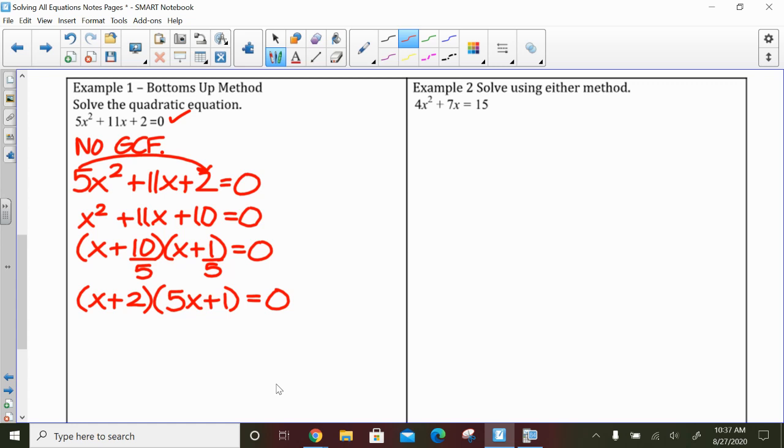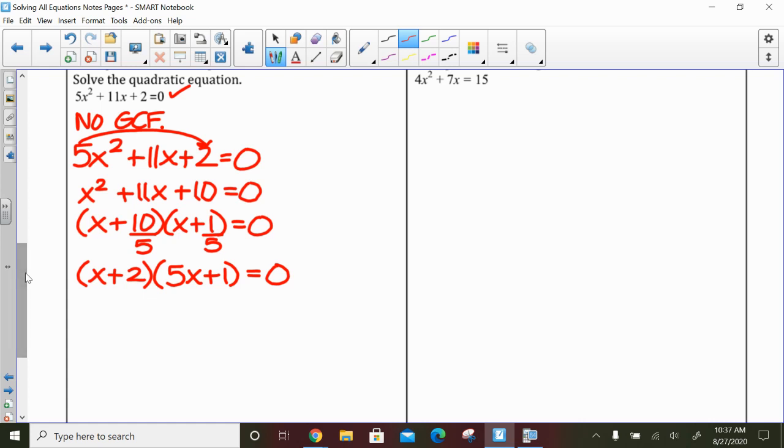Once you are completely factored, you set each factor equal to 0, just like we did in the previous video, and solve for x. So x plus 2 equals 0, 5x plus 1 equals 0. Here I'm going to subtract 2 from both sides. That cancels.